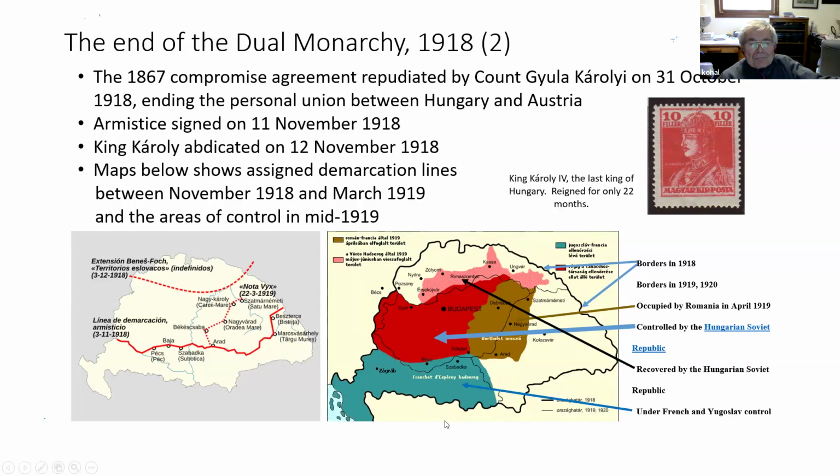The map on the lower right shows some of the changes that occurred in the time frame of 1919, where the Hungarian Soviet Republic actually pushed the Czechoslovak armies back, and then it collapsed against the Romanians.